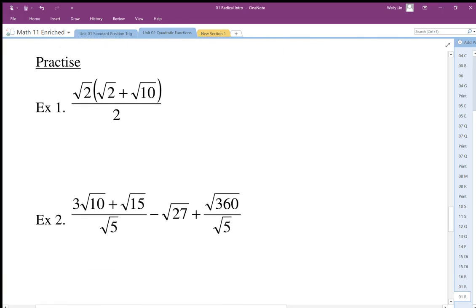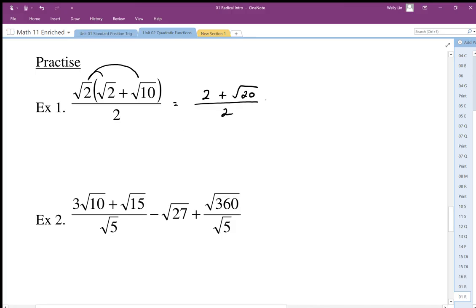For here, what we can do is we can do the distribution first, or we could do the divide first. It's probably easier to do the distribution first. Okay, so root 2 times 2 root 2 is 2, plus root 2 times root 10 is square root 20, and then we do the divide. We're going to divide into these.